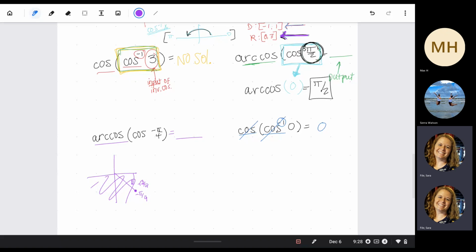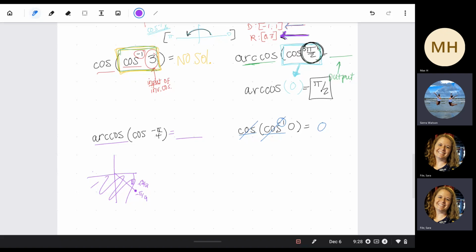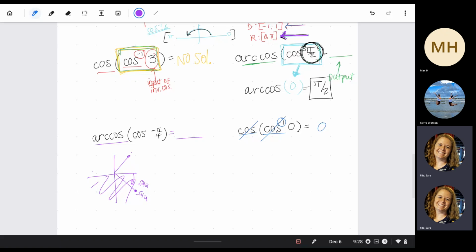Yeah, that's the cosine value. Is there somewhere up here in quadrant 1 or 2 where cosine has that same value? Positive pi fourths. Up here, cosine is also root 2 over 2. And that's at positive pi fourths. So positive pi fourths can be my answer.